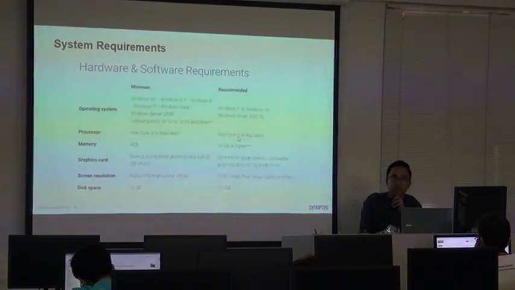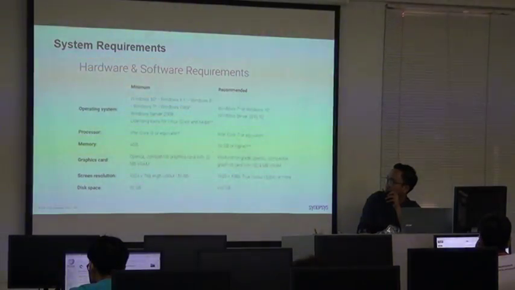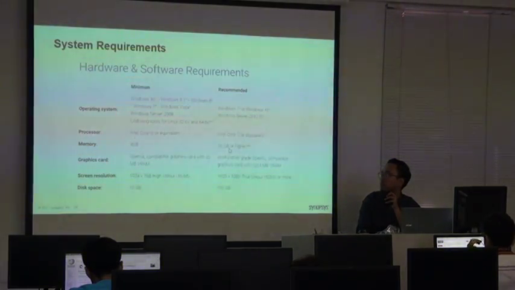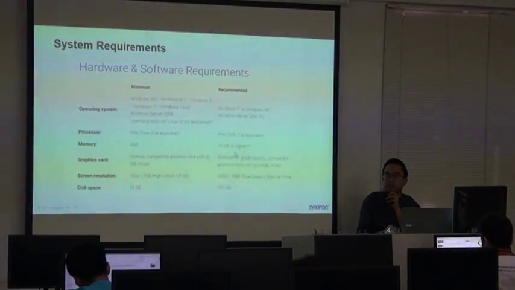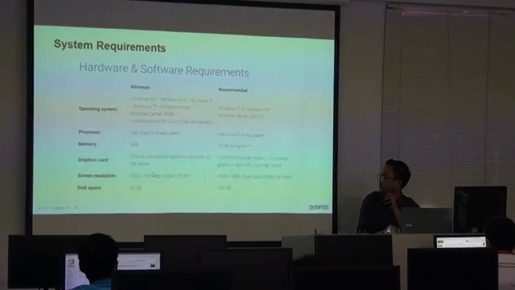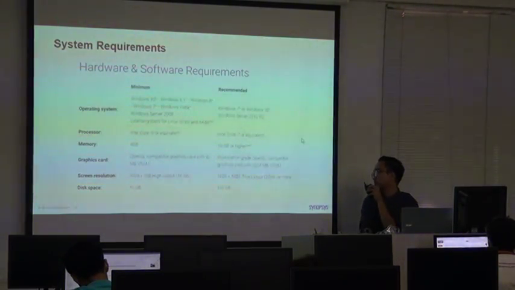So normally i7 has a double quad core, which means that you have 8 cores. So it will be great to use. And then the RAM is 16 or higher. This one is a recommendation, which means that if you have lower specs, it doesn't matter. You still can work with the software. And then a modern graphic card should be great.